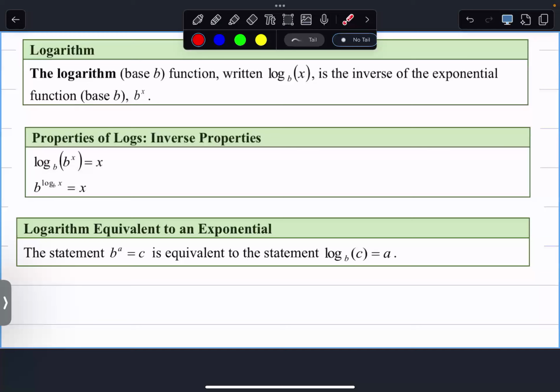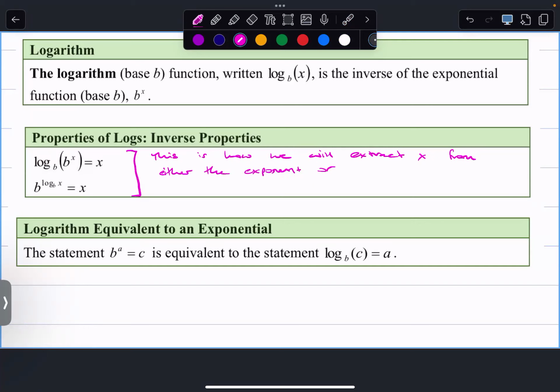This is going to take some practice, of course, but this is how we will extract x from either the exponent or inside the log.